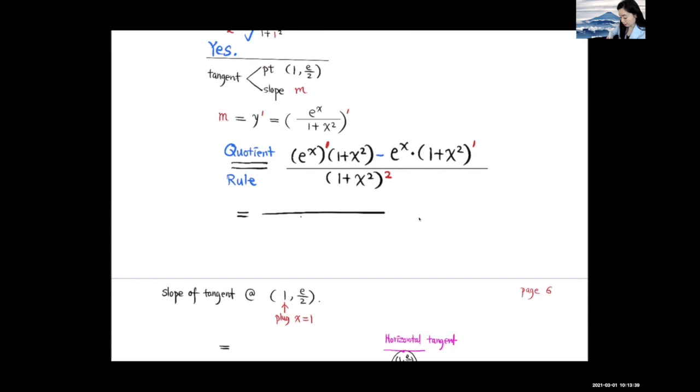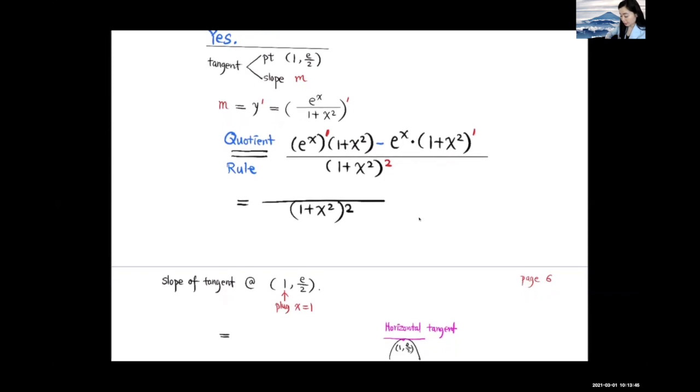simplify, 1 plus x squared and then square. Okay. Derivative of e to the x is e to the x, and then times this. Now, notice that this step over here you can skip in the future. You can go straight to this step here, okay?